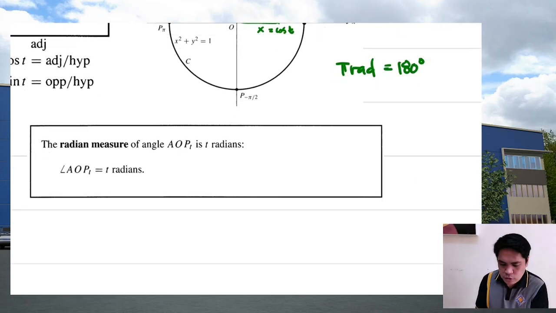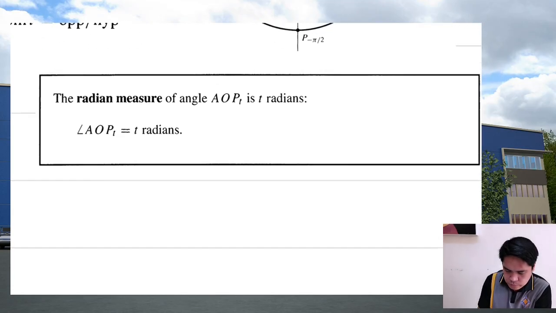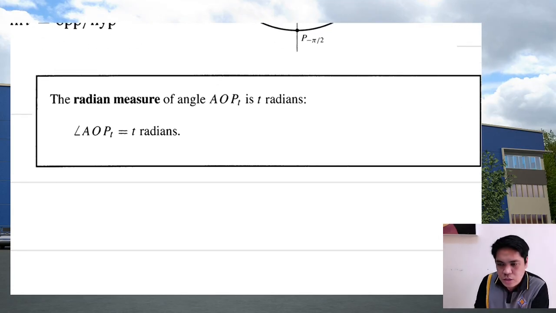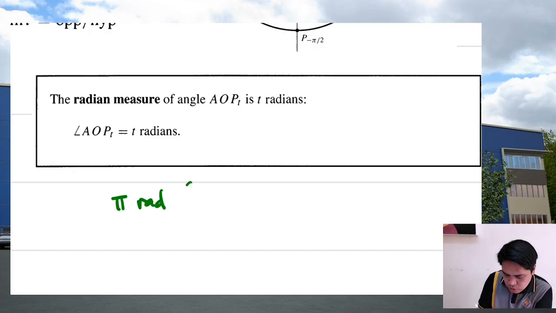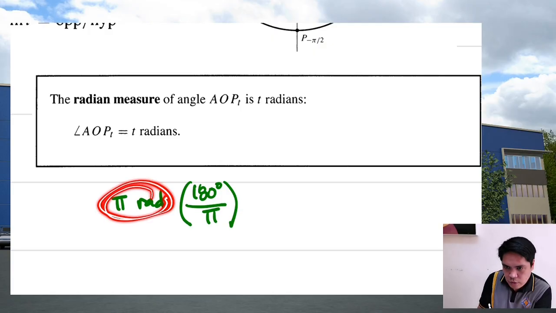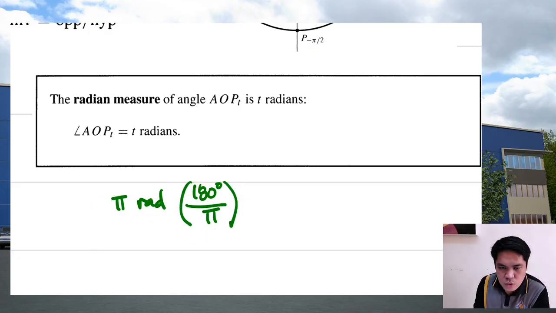So for our angle conversion, if we want to change radians to degrees, for example, if we have pi radian, we just need to multiply this with the ratio 180 degrees is to pi. So whatever is the angle in radians, if you want to convert it to degrees, you just multiply by 180 over pi.